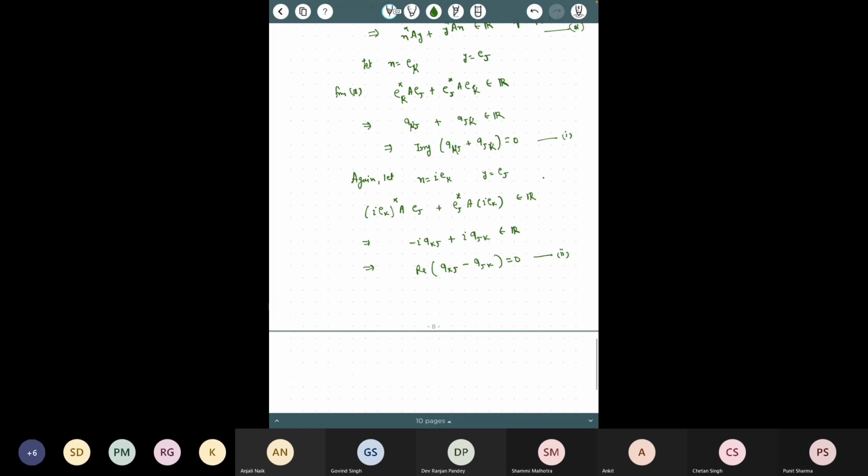Now from 1 and 2, we have that for any indices k and j, the real part of a_kj minus a_jk equals 0 and the imaginary part of a_kj plus a_jk equals 0. Does this imply that a_kj is equal to a_jk bar?